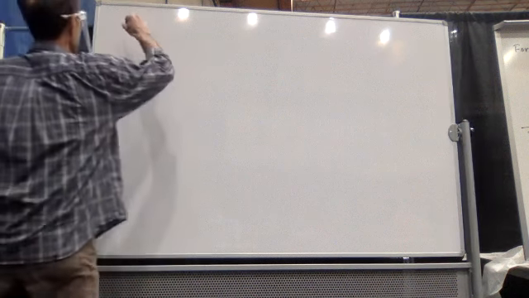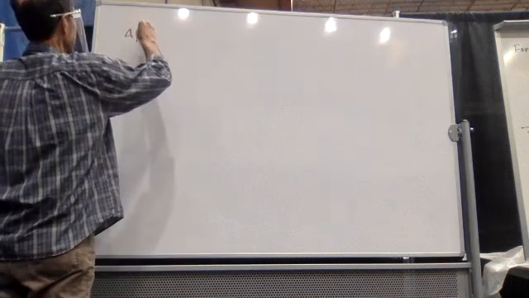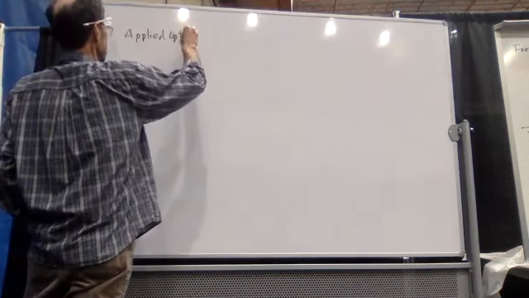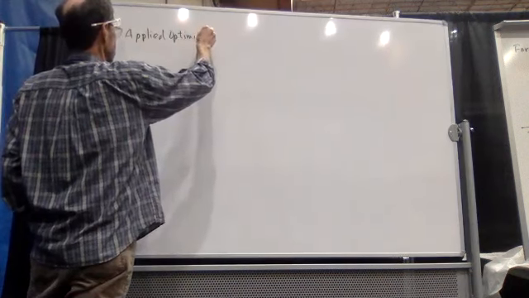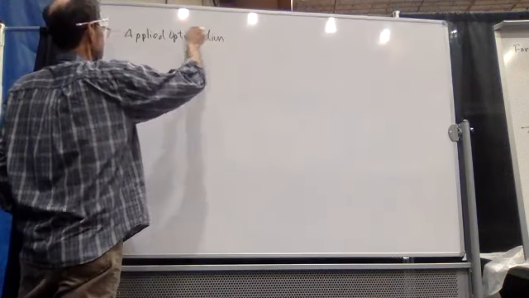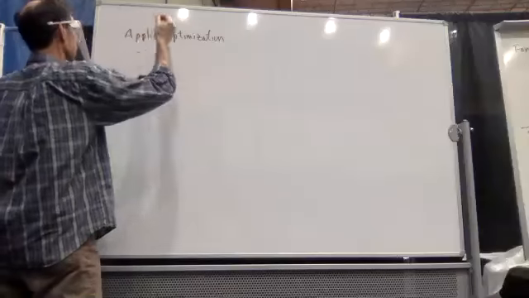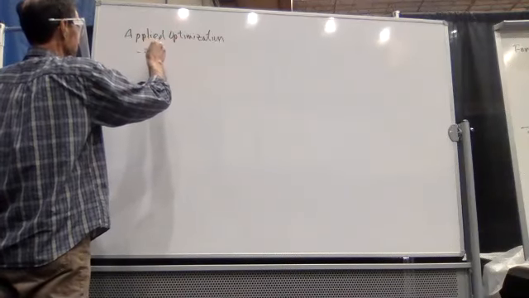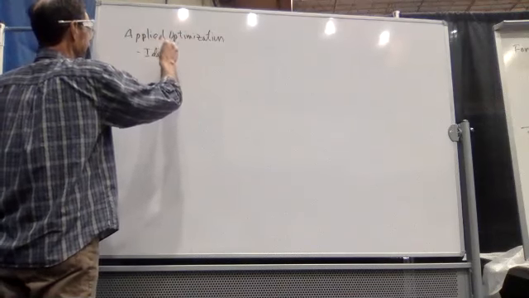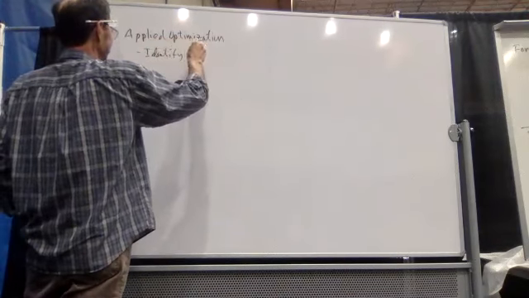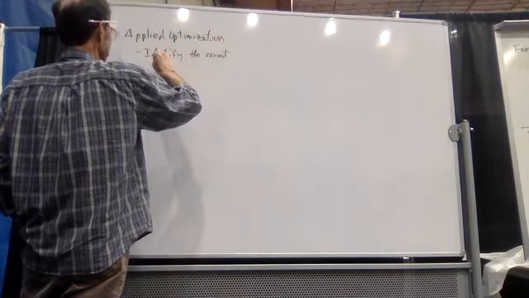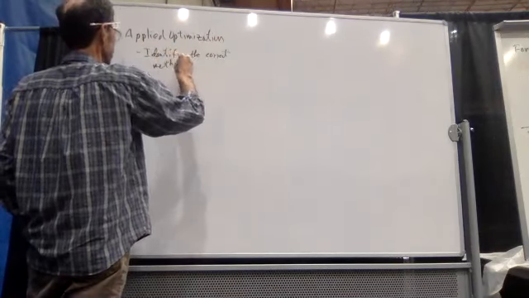but maybe not. The next thing is applied optimization. So we're going to solve an applied problem, and one crucial step is we identify the correct method. And we don't get to choose.